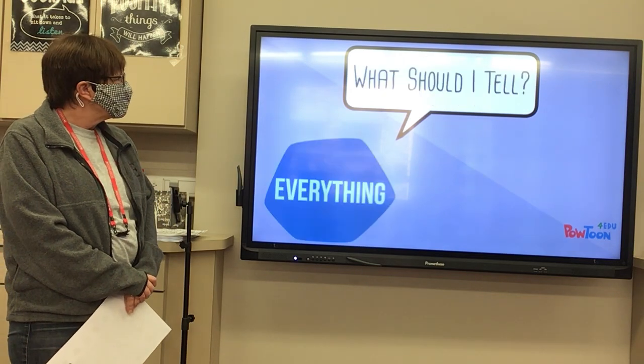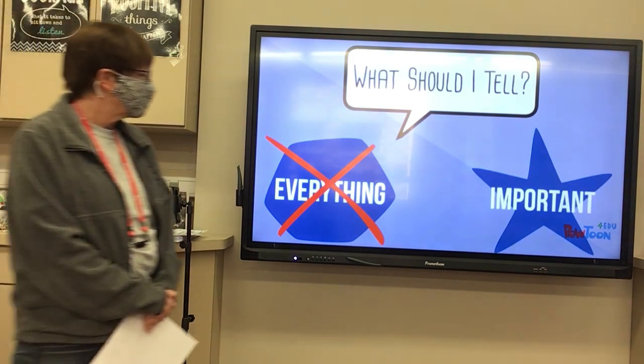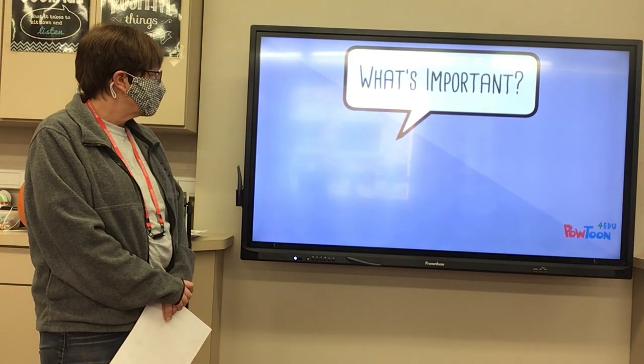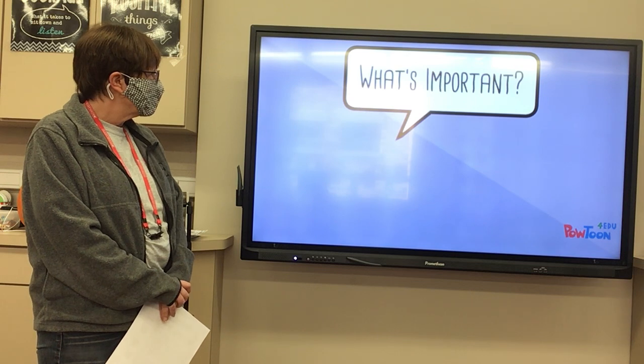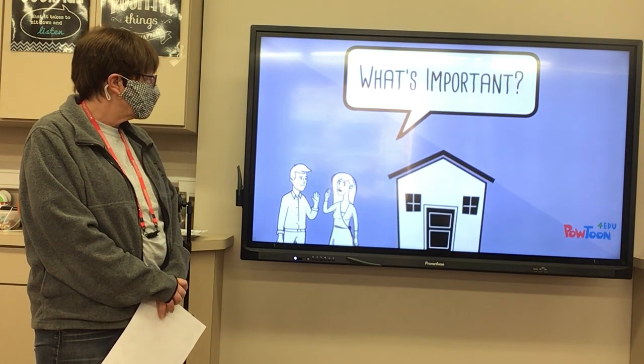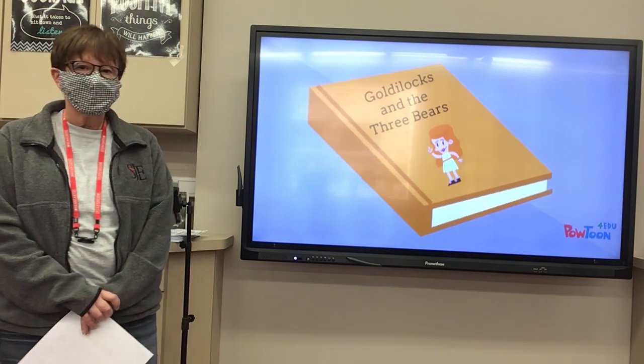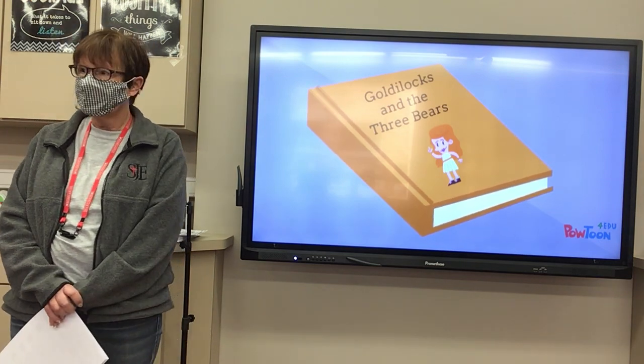When you retell a story, you can't retell everything. You only retell the most important parts. So, what is important? Usually the most important parts are the characters, the setting, and the big events that happen in the story. Have you heard the story Goldilocks and the Three Bears? I'm going to retell it to you.